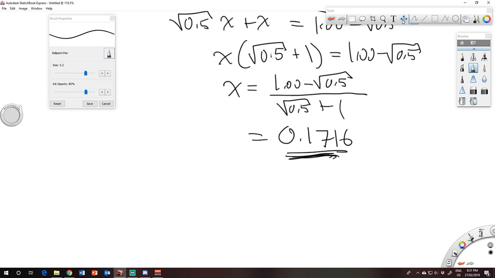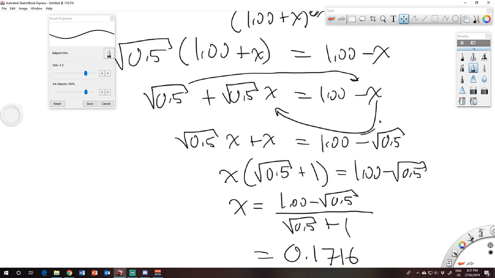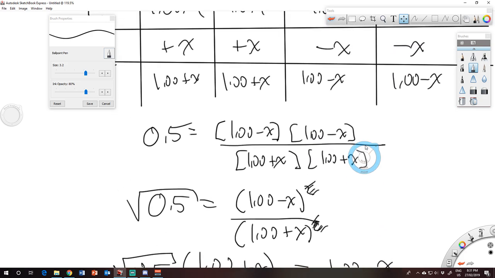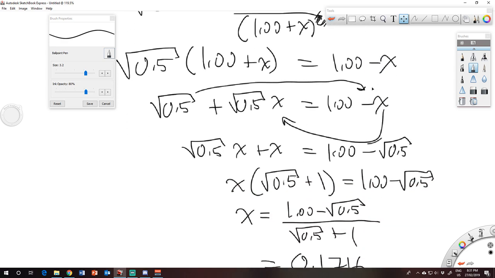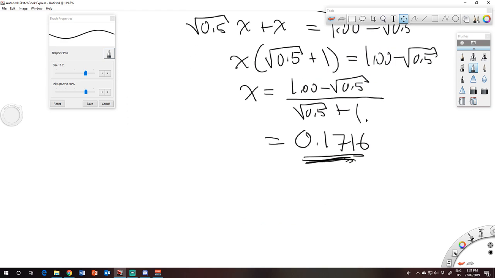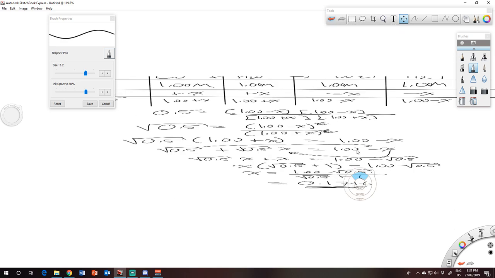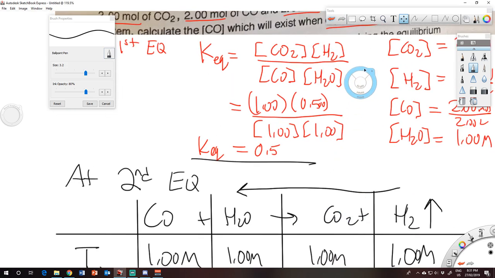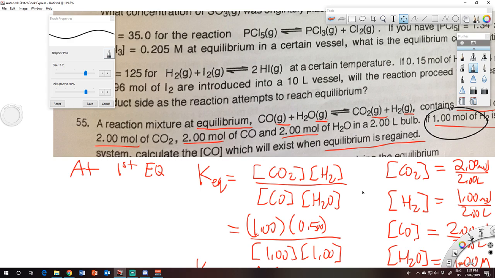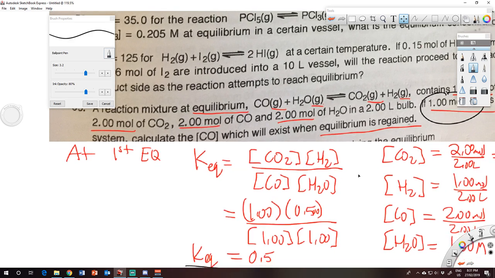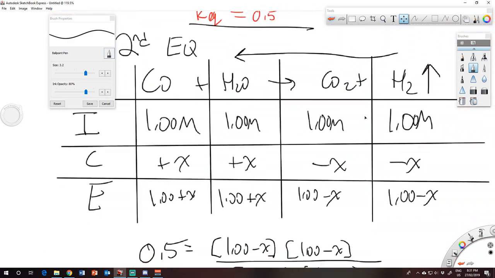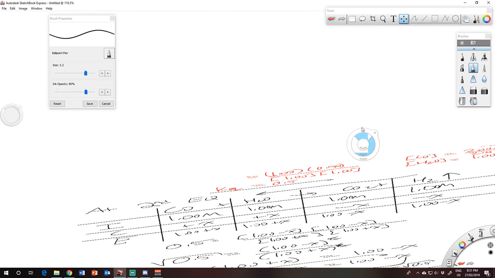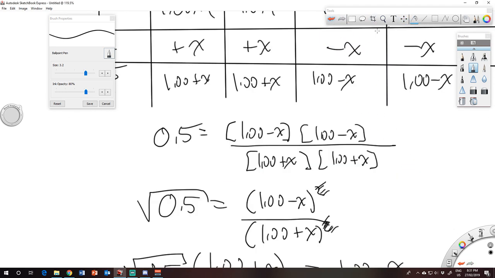Alright, looking back at my ICE table, looks like it'll work out okay. So all the concentrations are 1 plus or 1 minus that. So we're interested in the equilibrium concentration of CO. CO is 1 plus that, as can be seen here.